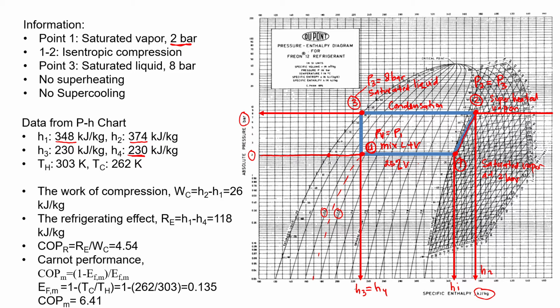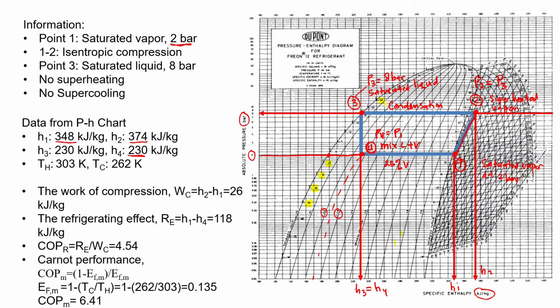Okay, next we need the temperature, TH and T low. How can we look into TH and T low? I'll highlight the value so it's not blurred. You see the temperature is given in this number. For example, this is minus 50, minus 40, minus 30, minus 20. And then TH is somewhere here.